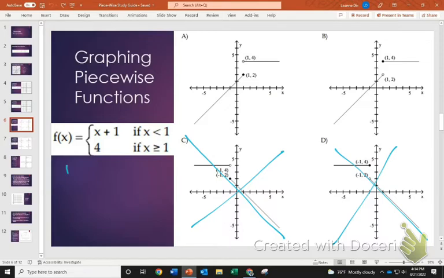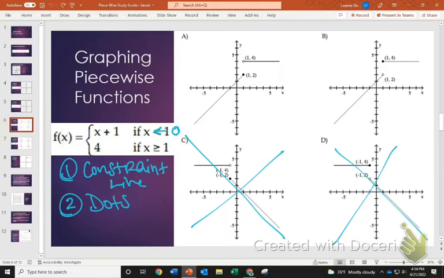So the first thing you're checking is your constraint line, or your constraint number. The second thing I would like you to check are your dots. Remember what I said. The first one is to the left, and it doesn't have that equal to part, so it's going to be an open dot. I don't actually care what's happening in A and B. I'm not calculating anything right now.